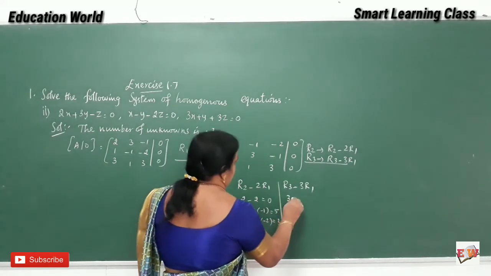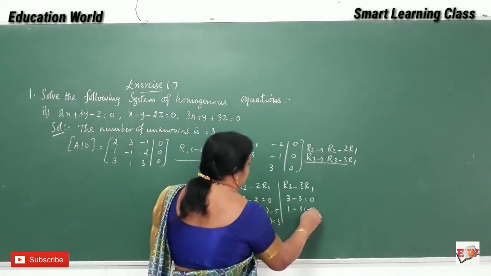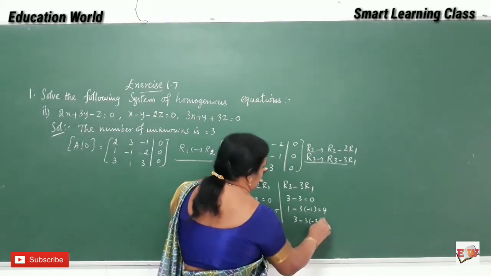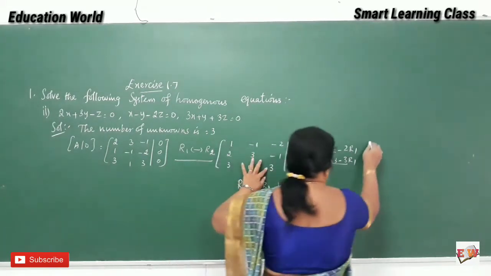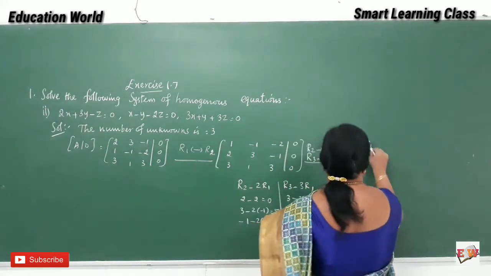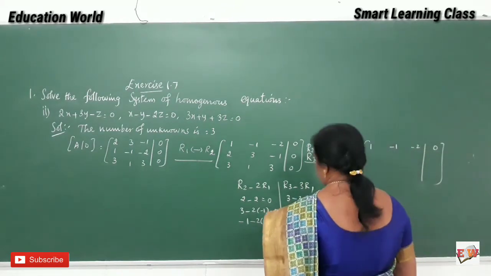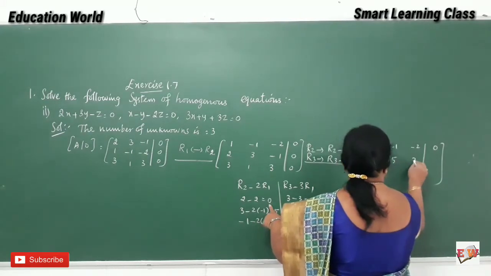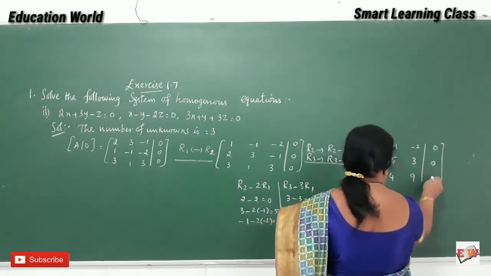For R3: 3 minus 3 equal to 0. 1 minus 3 into minus 1, 4. 3 minus 3 into minus 2: 3 plus 6 is equal to 9. So the first row is 1, minus 1, minus 2, 0, and the other rows are 0, 5, 3, 0 and 0, 4, 9, 0.